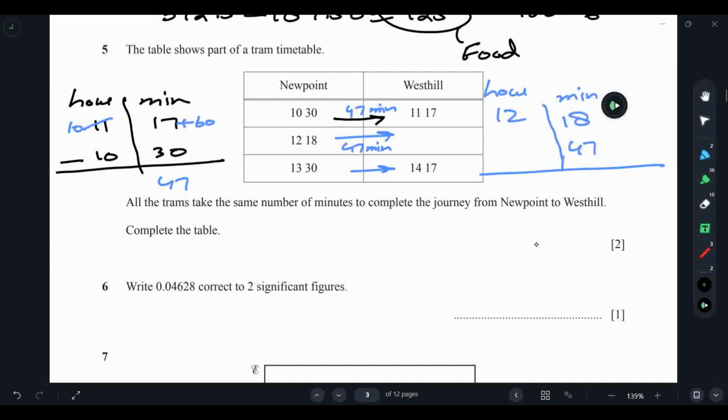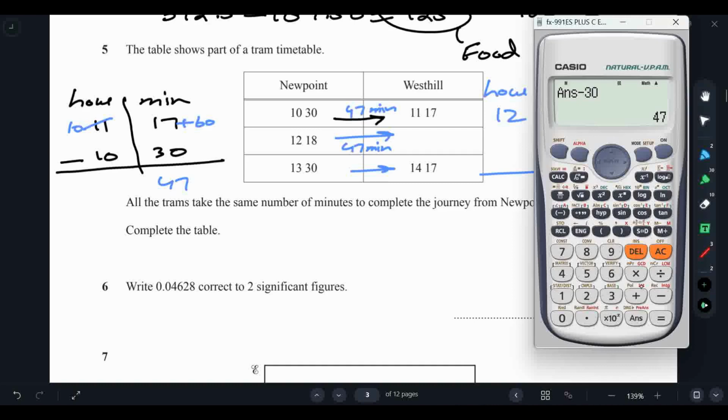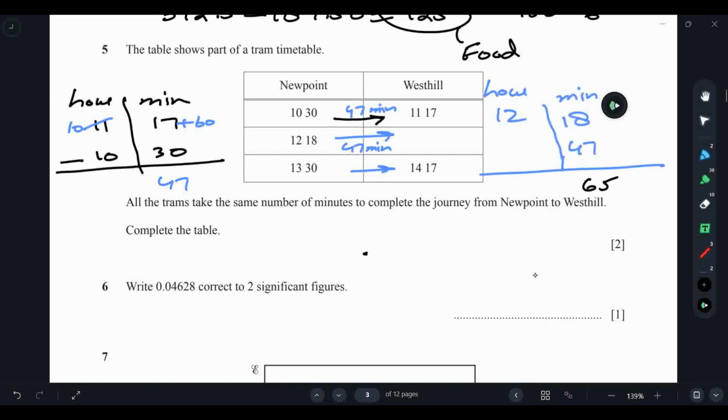So 47 plus 18 equals 65. We cannot write 65 as minutes, so we shift 60 minutes to the hours. So this should be 13 hours and 5 minutes. The final answer for this one is 13 hours and 5 minutes.